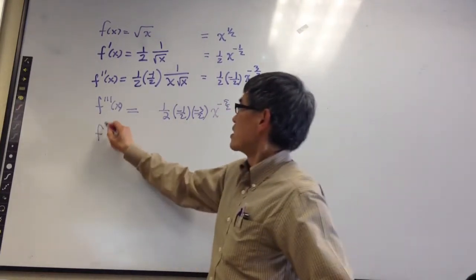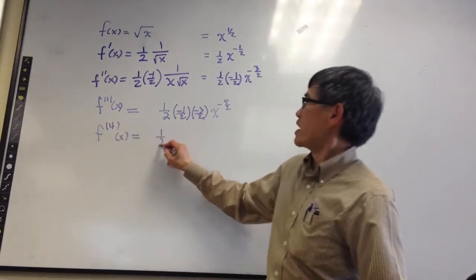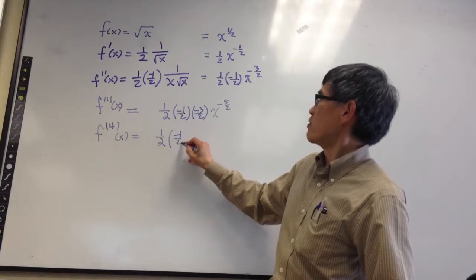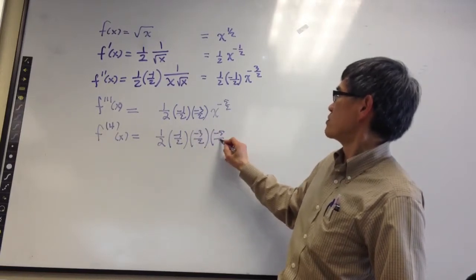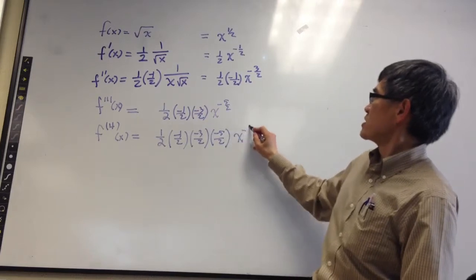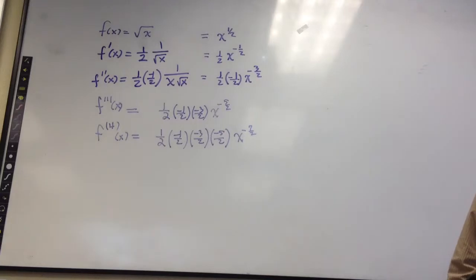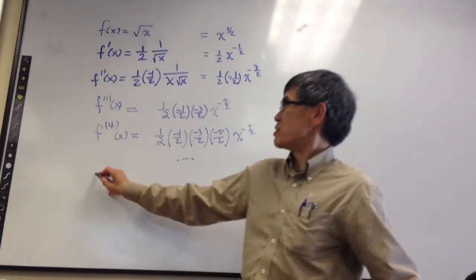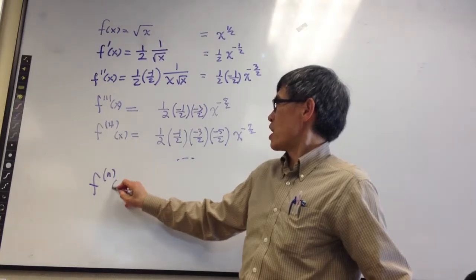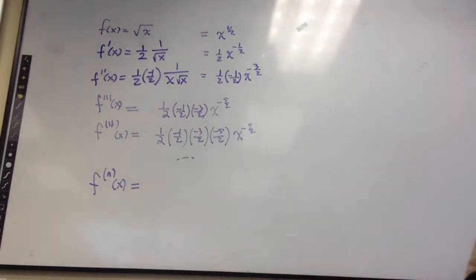Next one, fourth derivative. You will have 1/2, you have negative 1 over 2, negative 3 over 2, and further negative 5 over 2, times x to the negative 7 over 2, and so on. So this pattern persists. Therefore, in general, by now you can convince yourself of the nth order derivative. What's the pattern here?